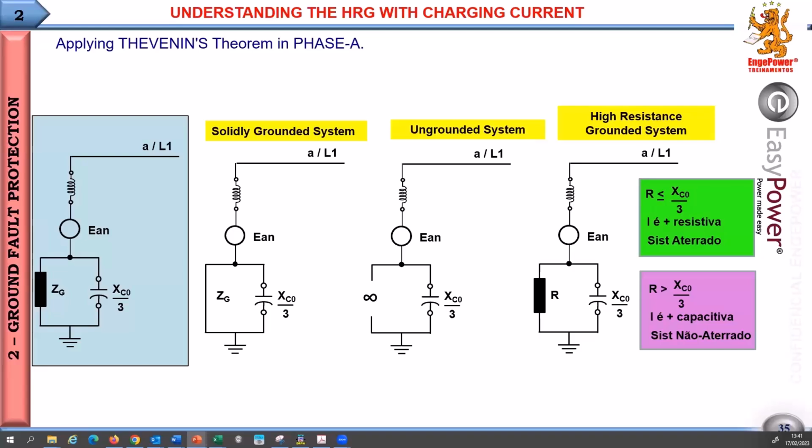So X0 is relevant. And for resistance grounded systems, we have this. And looking at this, when R is very high, most of the current will flow through the capacitance. So the equivalent current will be capacitive.